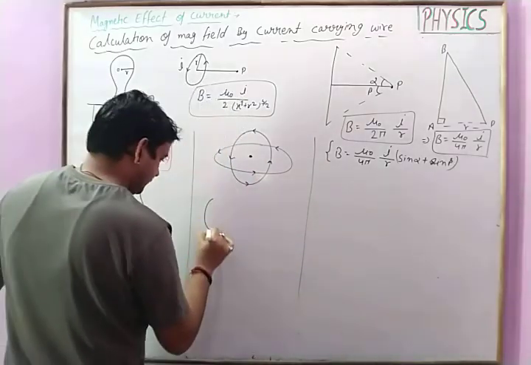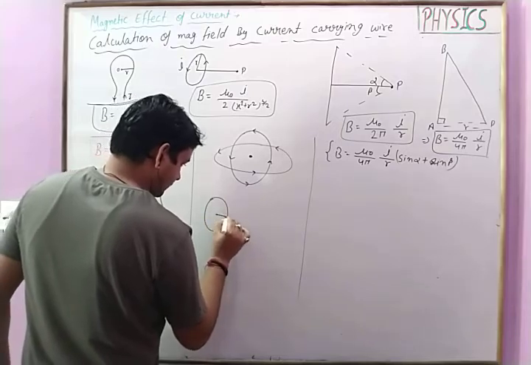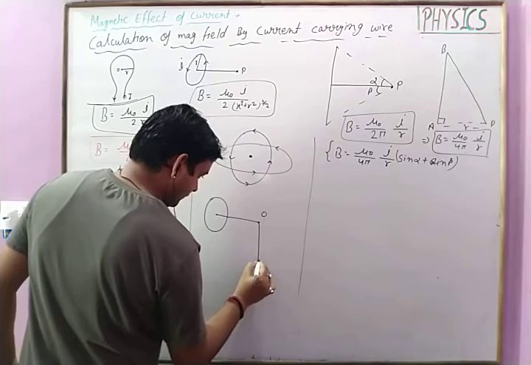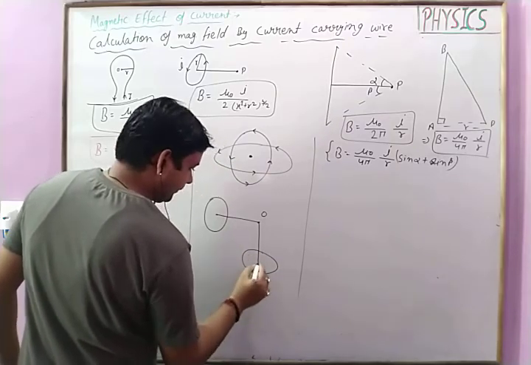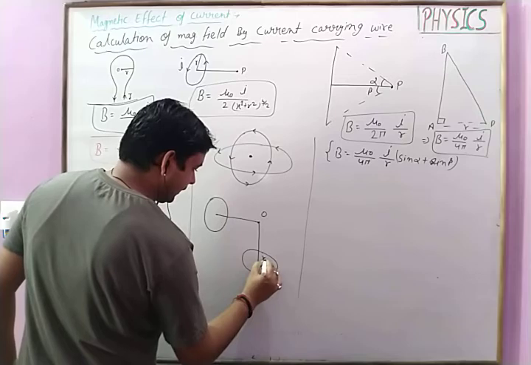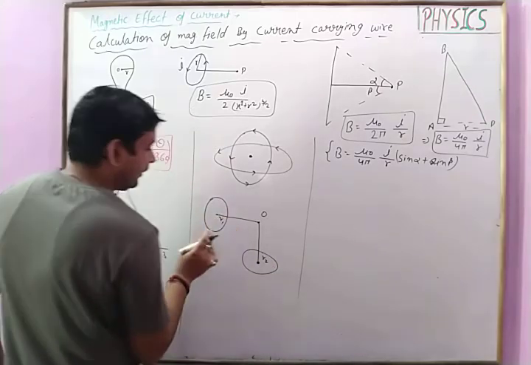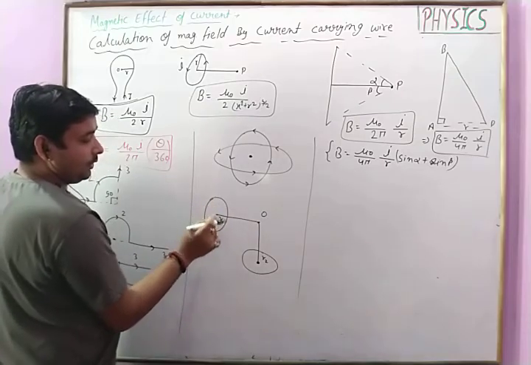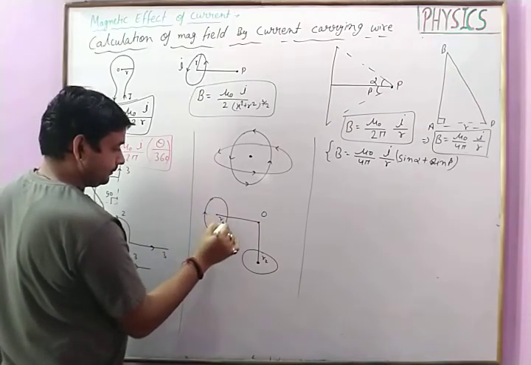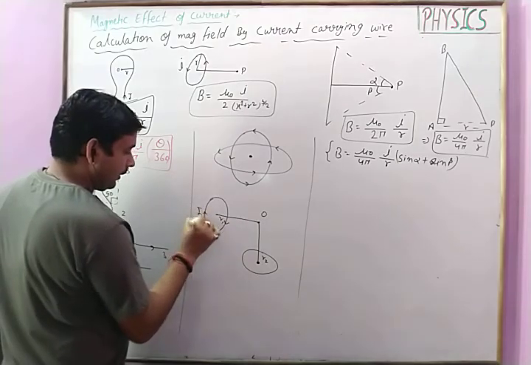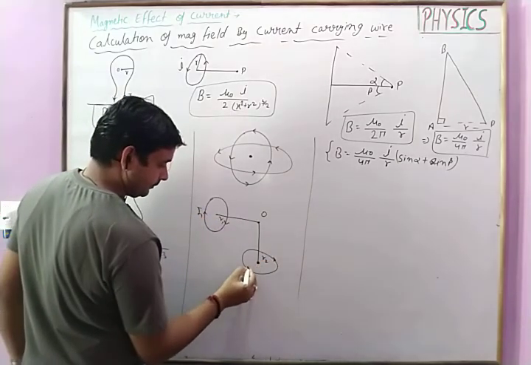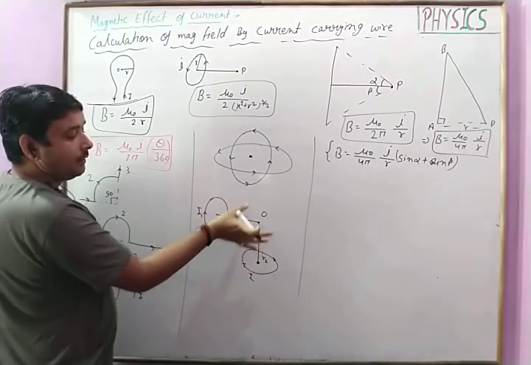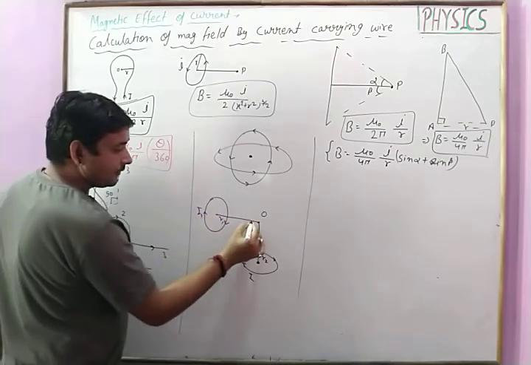At O, this is radius R2, this is radius R1. So we calculate the magnetic field due to a current carrying coil I on the axis, and then we calculate the net field.